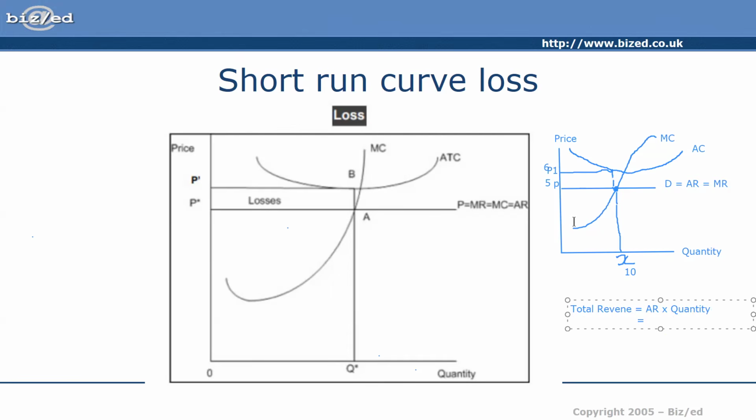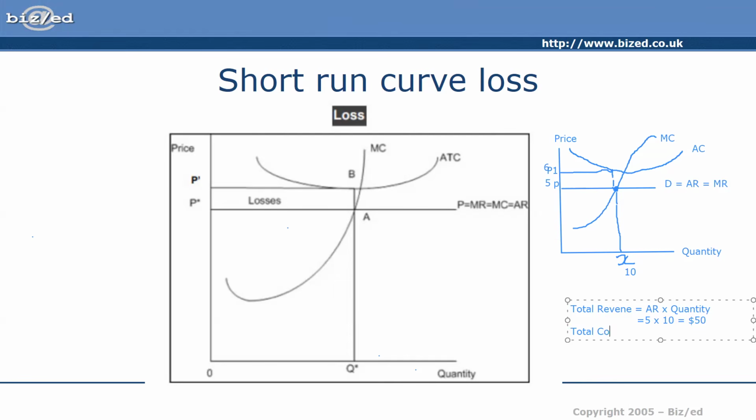What's the average revenue? 5. And what's the quantity? 10. So my total revenue is 50.